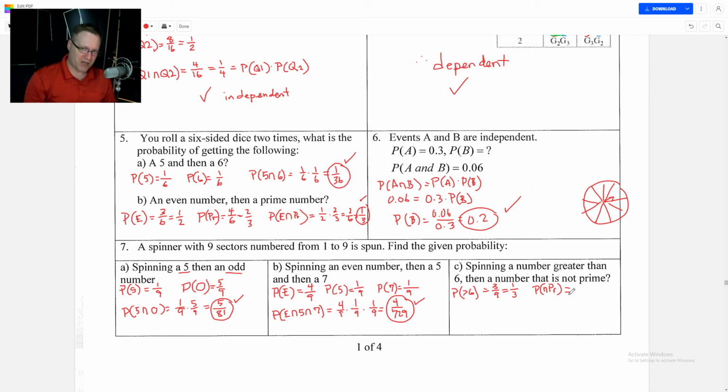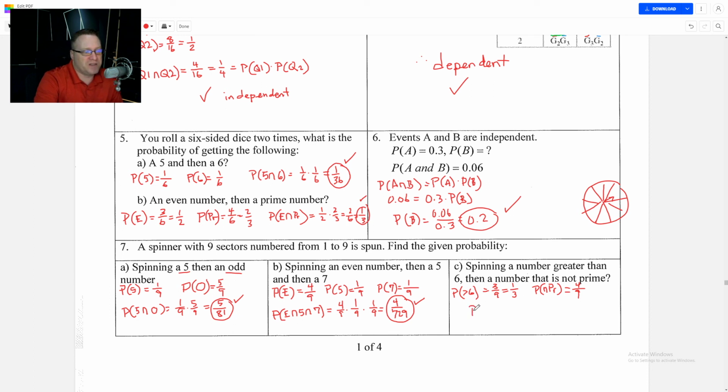Well, which numbers are not prime numbers? 1 is a prime number, 2 is a prime number, 3 is a prime number, 4 is not prime, 5 is a prime number, 6 is not prime, 7 is a prime number, 8 is not prime, and 9 is not prime. So there are 4 not prime numbers, all right? So 4, and then there are 9 total numbers. So the not prime probability is 4/9.